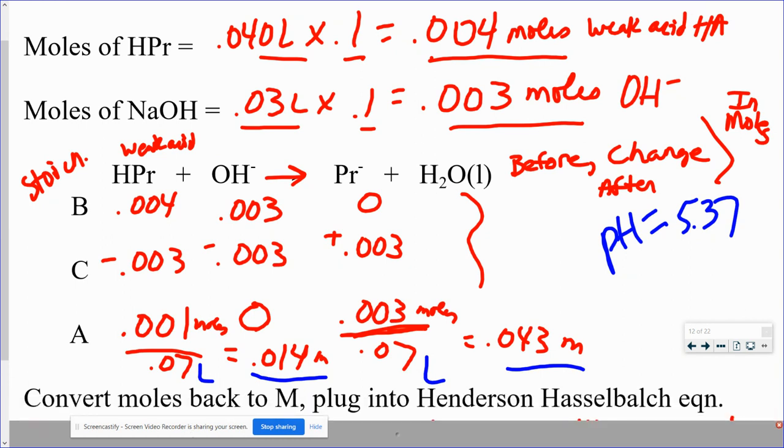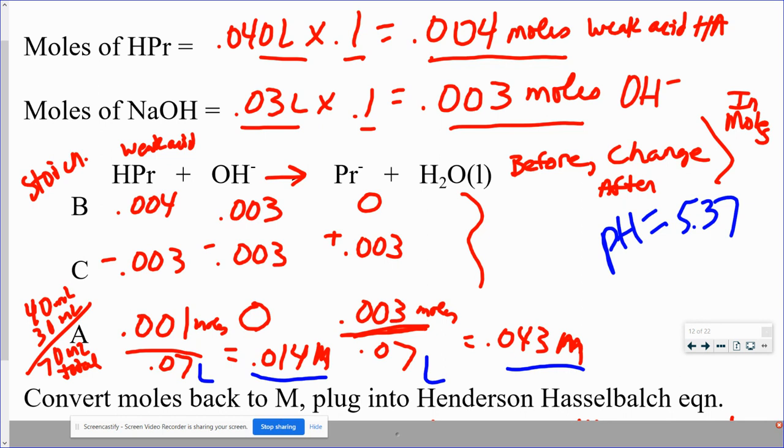Okay, so you have to convert them back to molarity, dividing by the total volume. So we had 40 milliliters of the one and 30 milliliters of the other. So that's a total of 70 milliliters total. So we divide our moles by the 70 milliliters in liters, 0.07, and that gives us the molarity of our weak acid and its conjugate base.